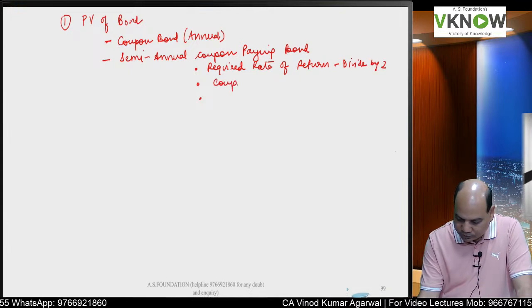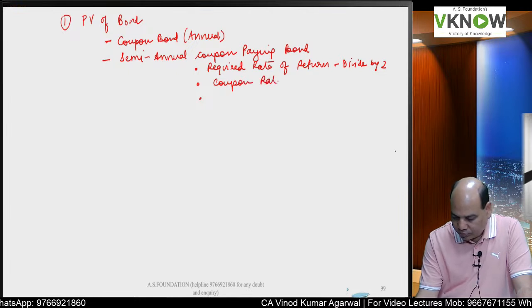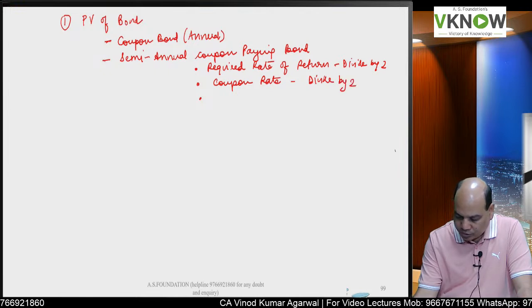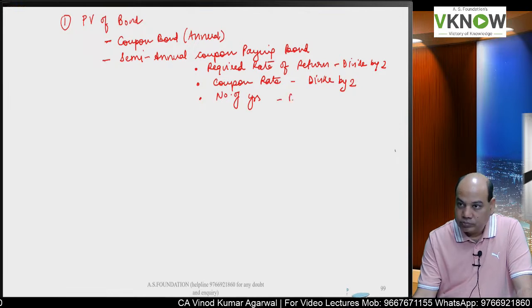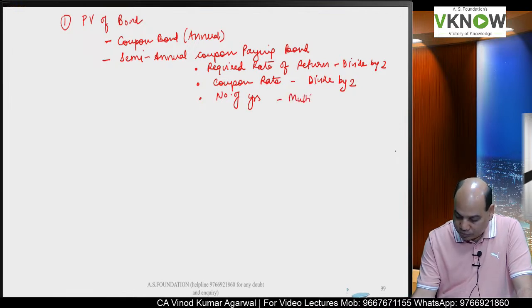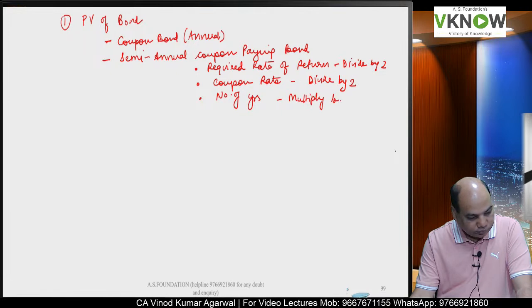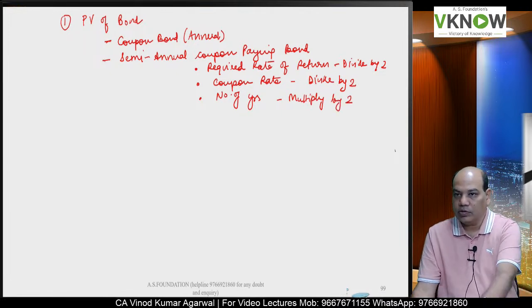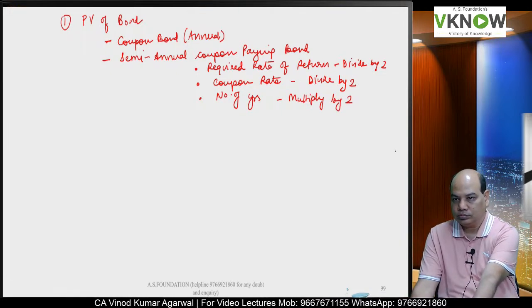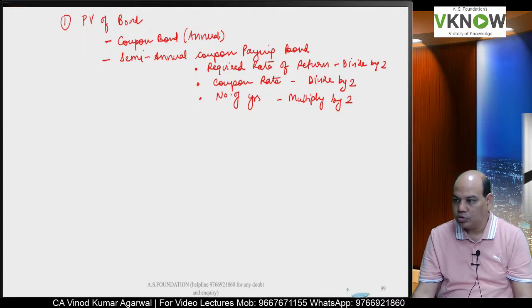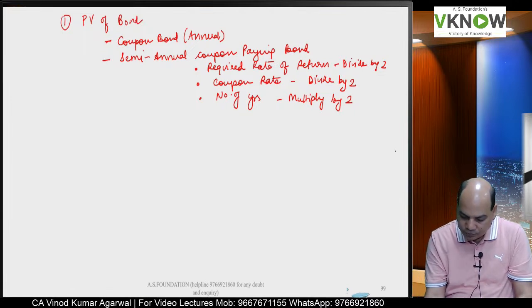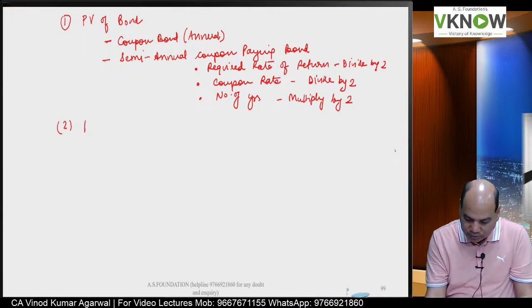Coupon rate, divide by 2, and number of years, multiply by 2. Okay. We have also seen the perpetual bond.